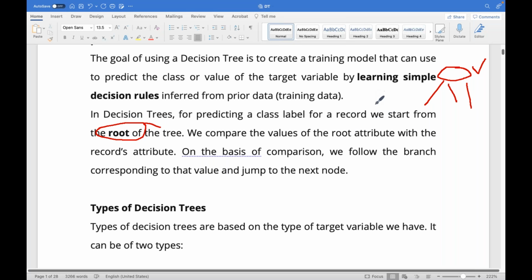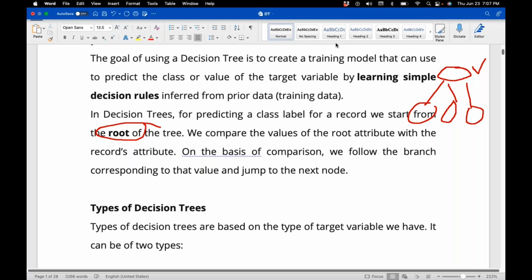The entire tree we call the root tree. When we compare the values of the root attribute with the record attribute, on the basis of comparison we can flow down the branch. That means we split into different nodes with different decision rules. A decision tree is a very simple thing, guys.